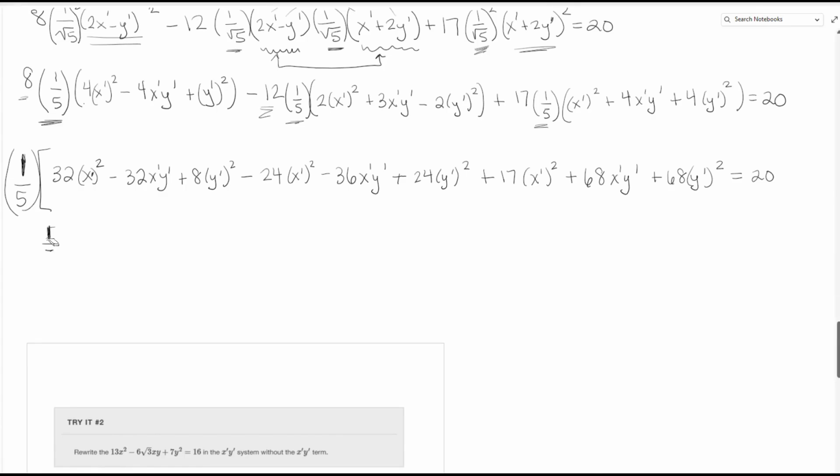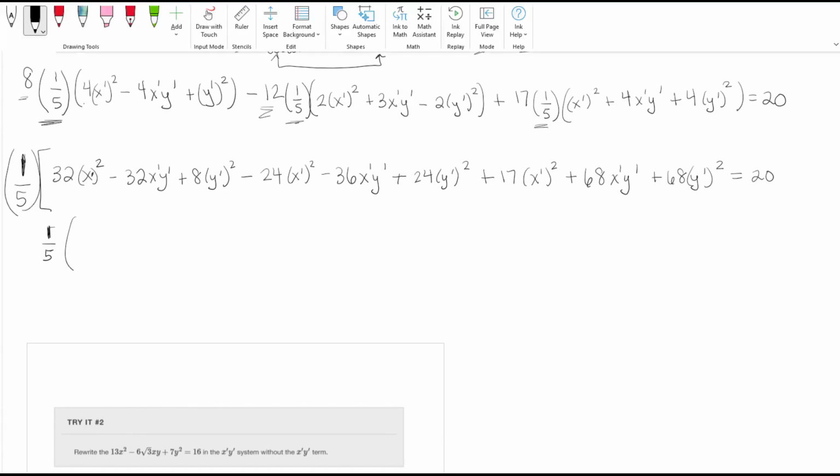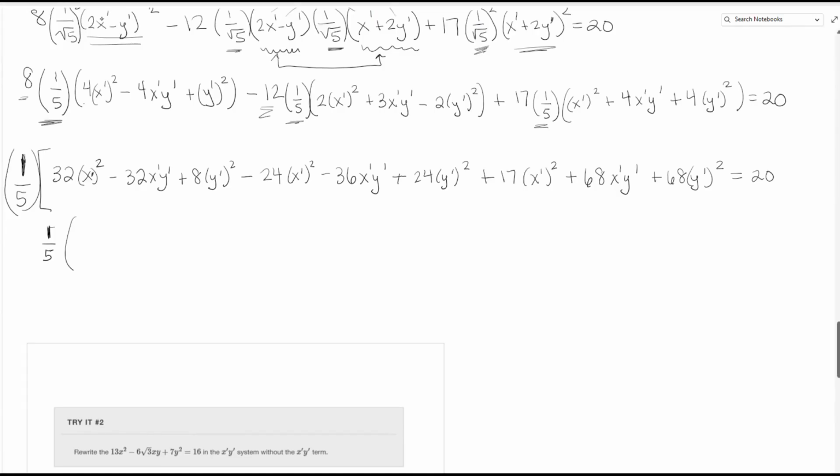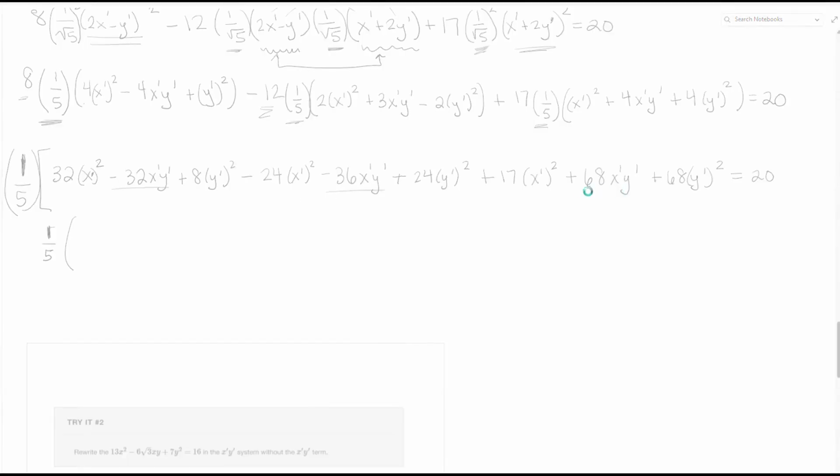And I have a minus 3 x prime minus prime, and then here I have 6 y prime.